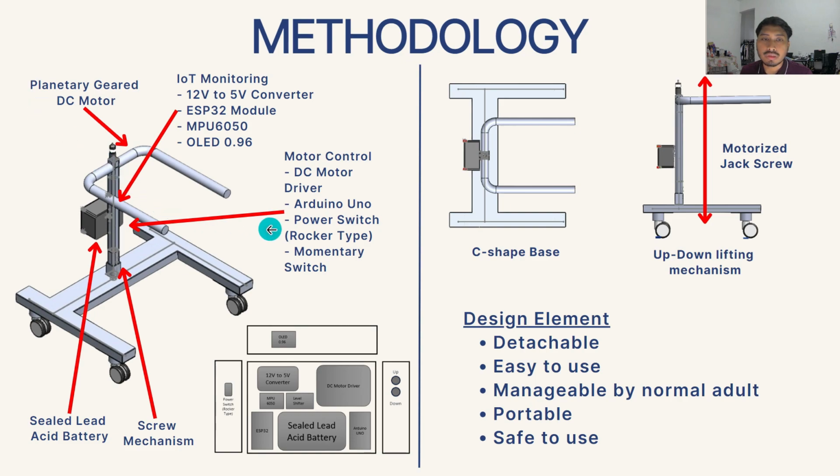If you notice, there are two types of microcontroller that we use, which are the ESP32 module and the Arduino Uno. The reason we use two types of microcontroller is that some microcontrollers are not capable enough to operate at high voltage, such as the ESP32 module, which is not capable of providing more than 3.3 volt.